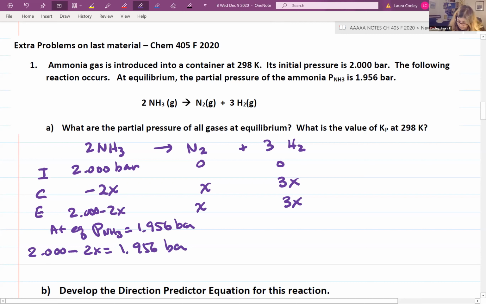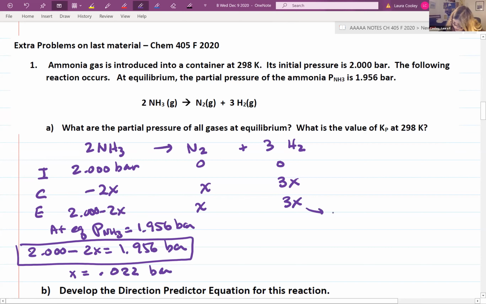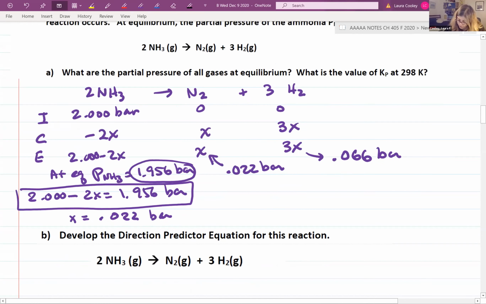And so if you solve this, you end up with x is 0.022 bar. And so that means this is going to be 0.066 bar. This is 0.022. And we already knew what the pressure of the ammonia was at equilibrium. So that's going to be the answer to this.